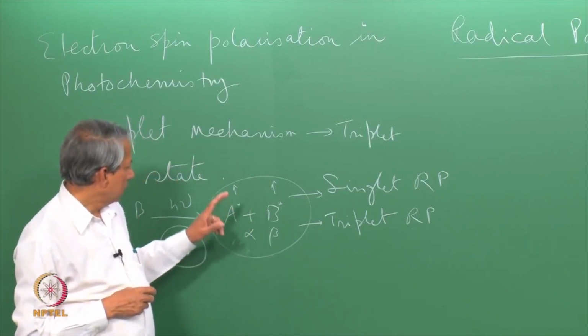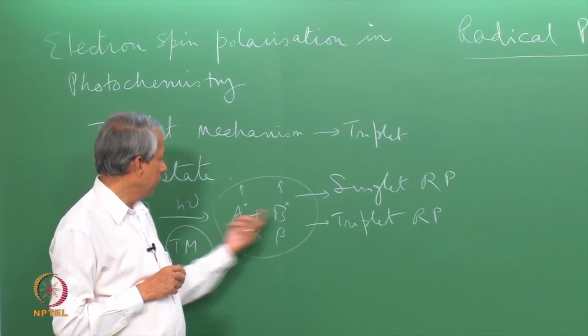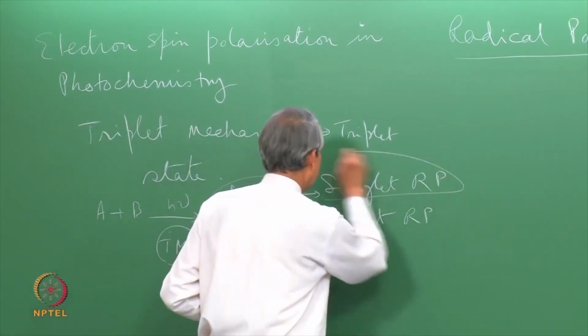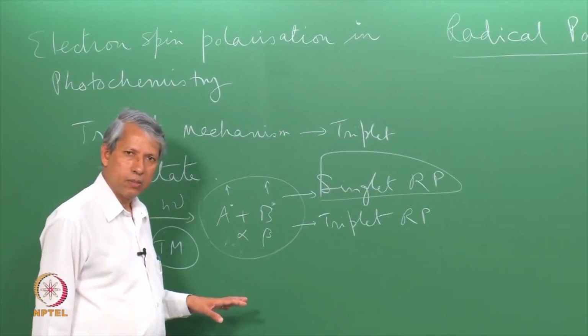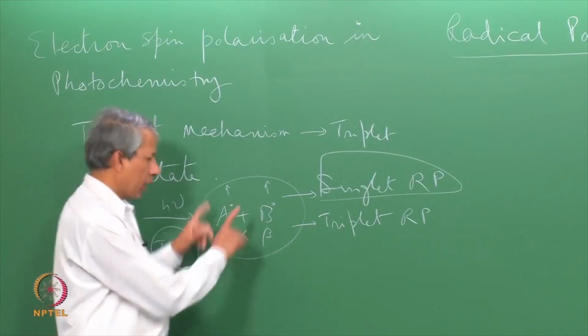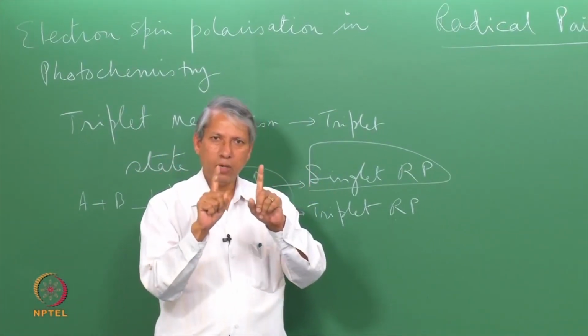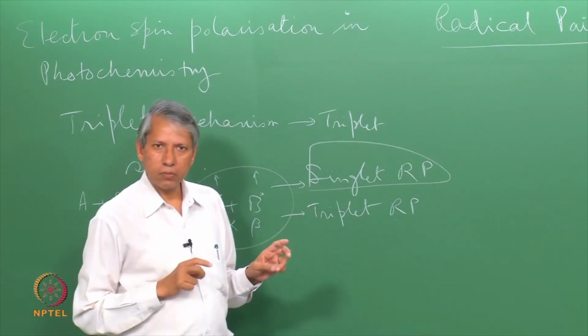So, the same simple principle is applied here. If A and B have opposite spin, that is, if they are a singlet radical pair, then they can react and disappear as a diamagnetic product. On the other hand, if they have parallel spin like this, then even if they come closer, they may not react and go away from each other and back to the bulk of the solution.